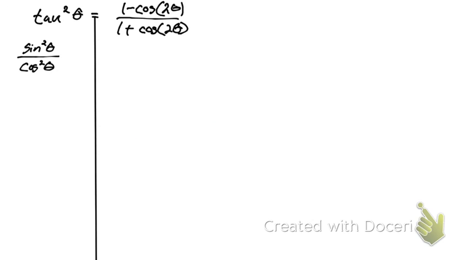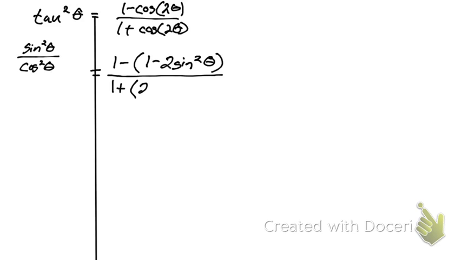We're going to rewrite the top one using that sine. So we're going to have 1 minus, and our sine one is 1 minus 2 sine squared theta. On the bottom, I'm going to replace that cosine 2 theta with 2 cosine squared theta minus 1.